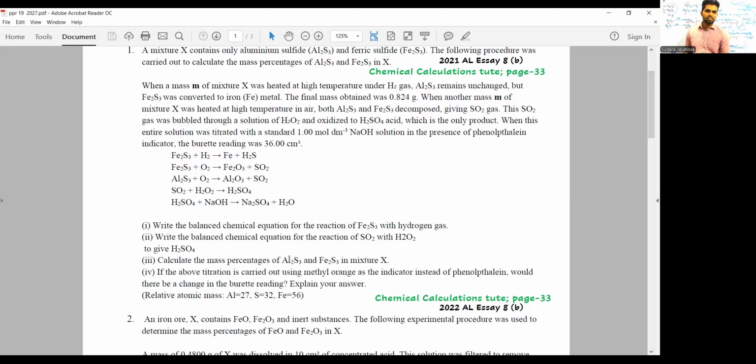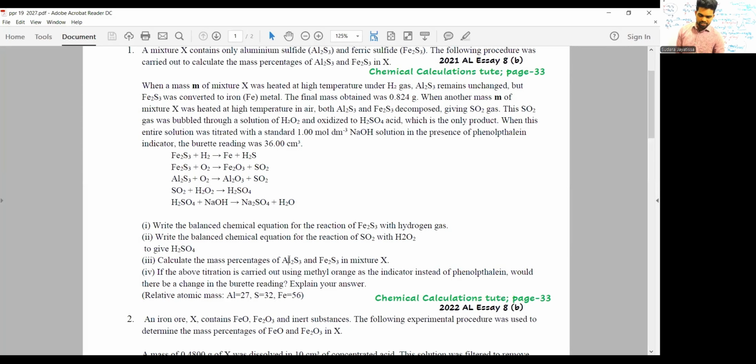You haven't done the acid-base indicators yet. It will be discussed in unit 12. So until then, you can write this statement: for any strong acid, strong base titration, any indicator can be used.